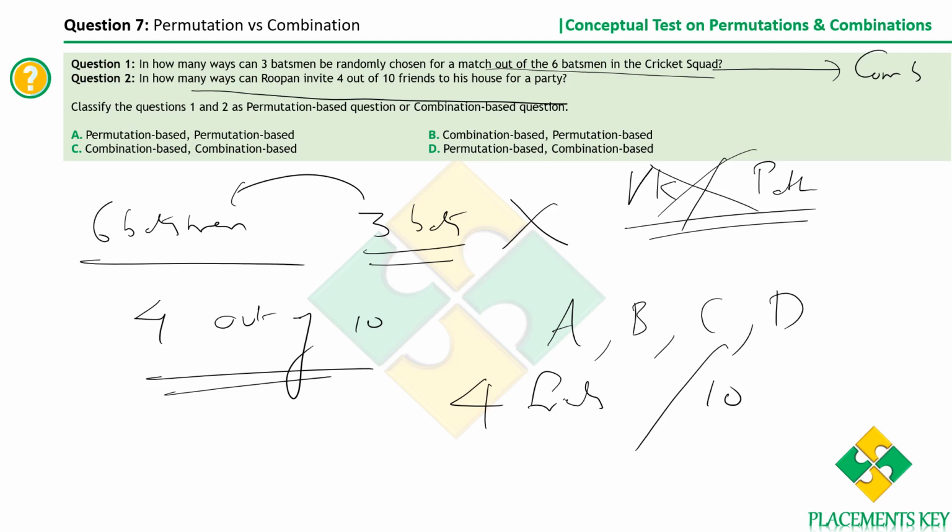Therefore, on a basic note, it goes to a combination based question because order is not important. Finally, you just wanted to invite 4 friends out of your 10 friends. Therefore, it is combination based. So both are combination based questions. So where is it? It is the third option.